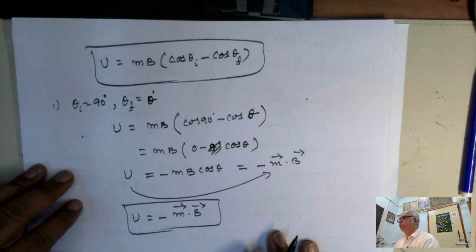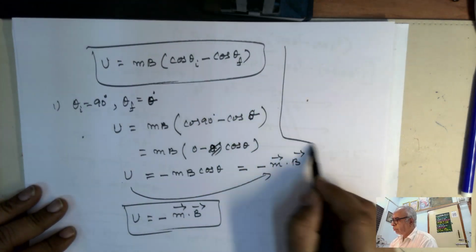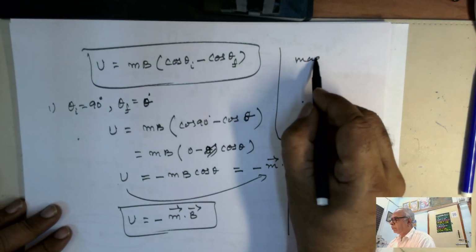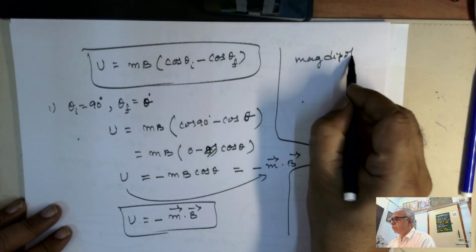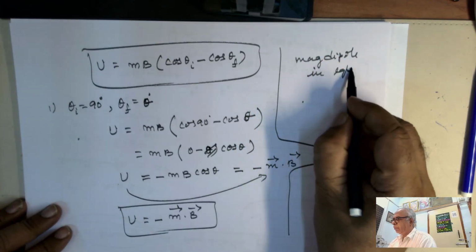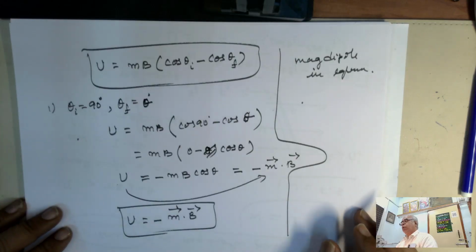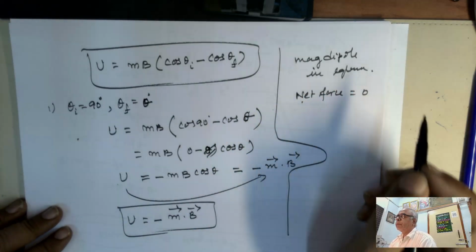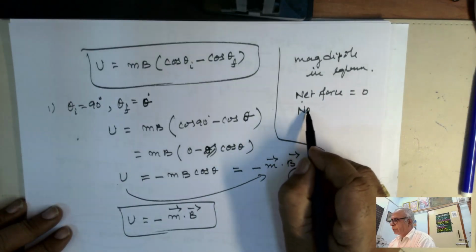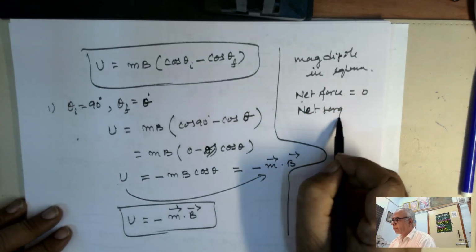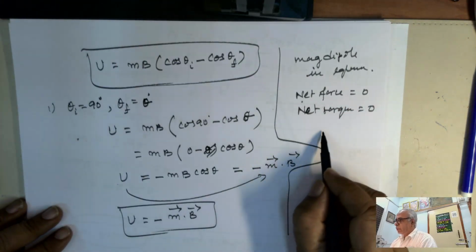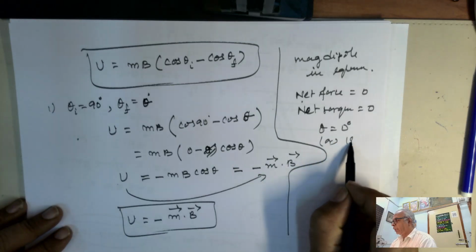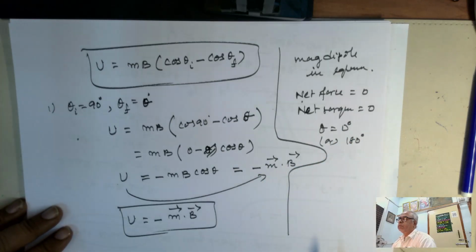For a magnetic dipole to be in equilibrium, what about the net force? The net force is zero, right? Therefore, the net torque will also be zero. It means theta is equal to 0 degrees or 180 degrees.